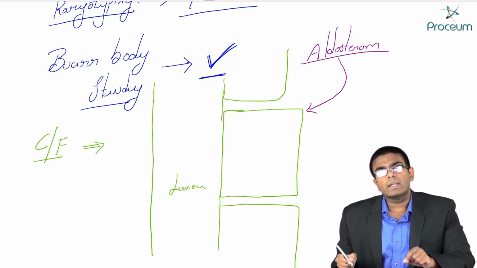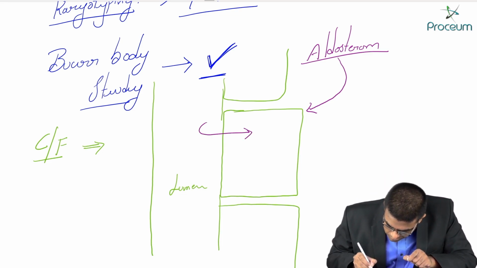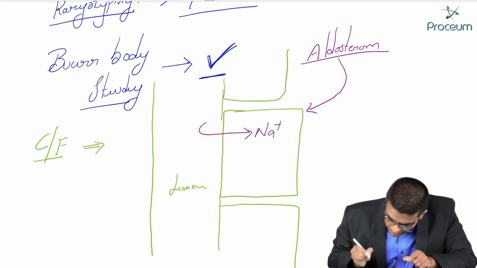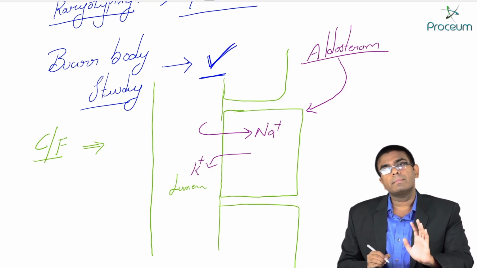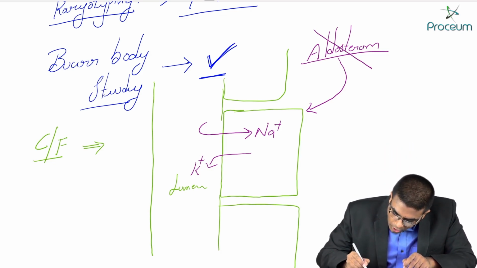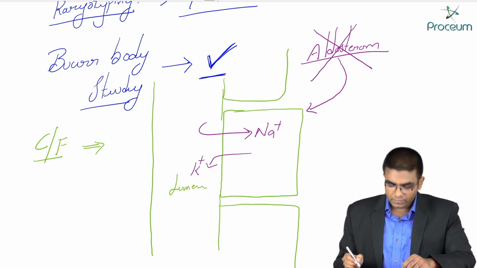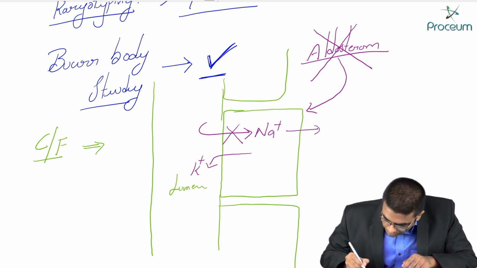When these cells are acted upon by aldosterone, what happens? Aldosterone helps in the reabsorption of sodium, no doubt, and the same aldosterone helps in the excretion of potassium. This is what at least you have to keep in mind. So, whenever there is no aldosterone, there is no reabsorption of sodium. So, it causes what?